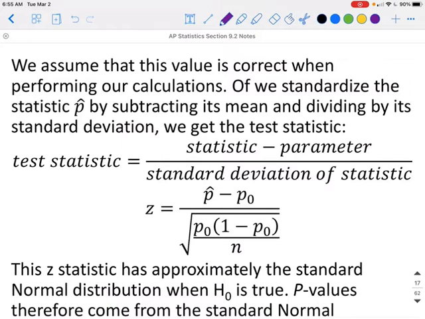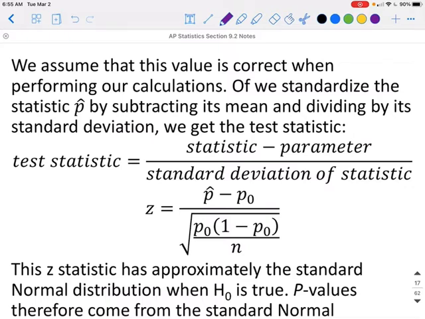We standardize the statistic p hat by subtracting the mean and dividing by the standard deviation, and we get the test statistic. Or we can basically call this the z. The test statistic is just giving your z value, which you'll look up in Table A to find the area to get your P value.